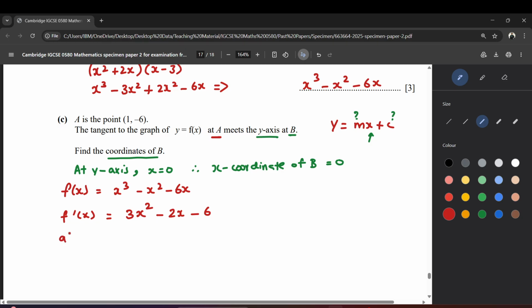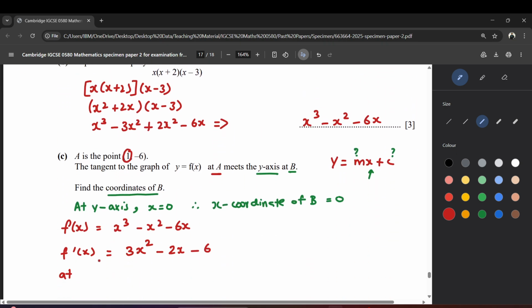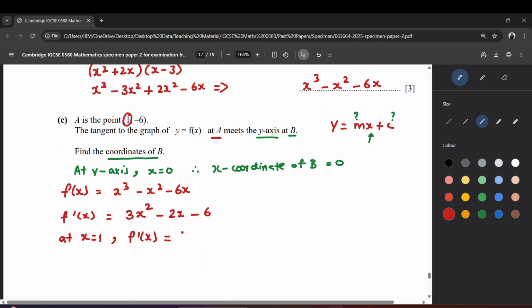Now we need to find what the gradient is when x is equal to 1, because the tangent has been drawn at point A. So at x is equal to 1, your gradient value is going to be 3 minus 2 minus 6. 3 minus 2 is minus 1, and minus 1 minus 6, that is minus 7.